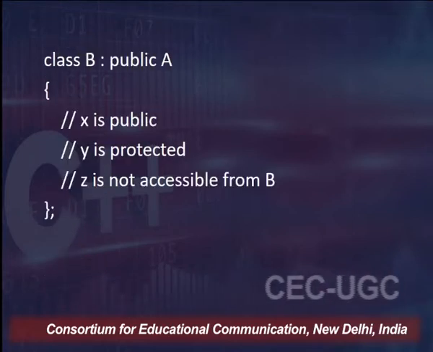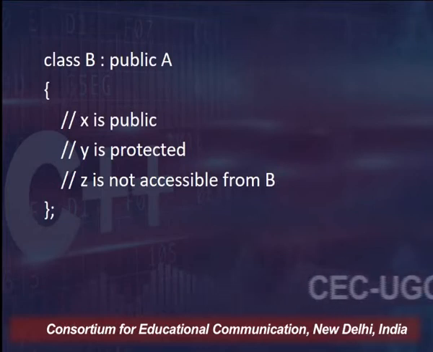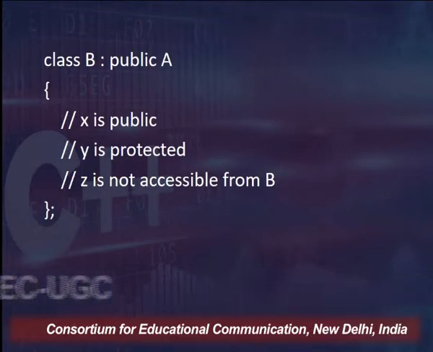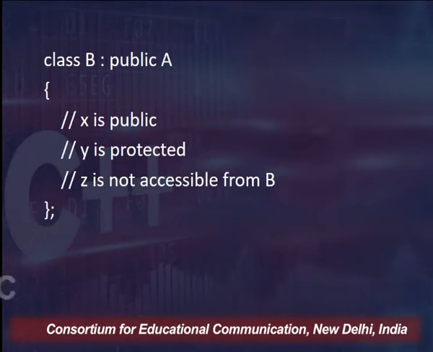Now let us say class B is inheriting A in the public mode. So X, which was public there, will be public here as well. Y, which was protected there, will be protected here as well.